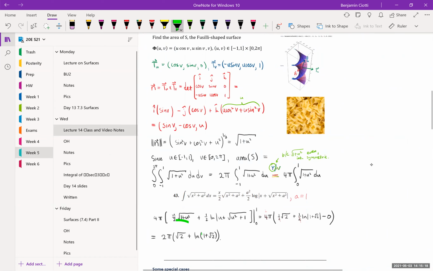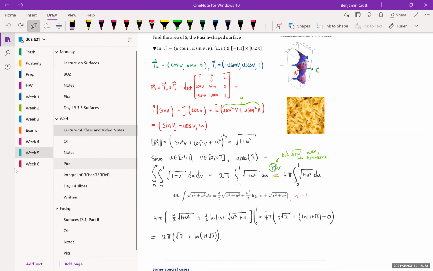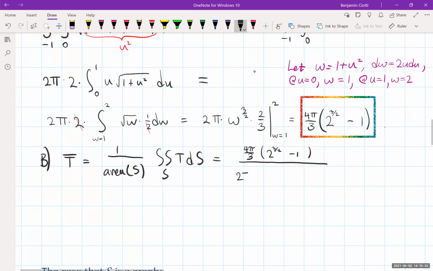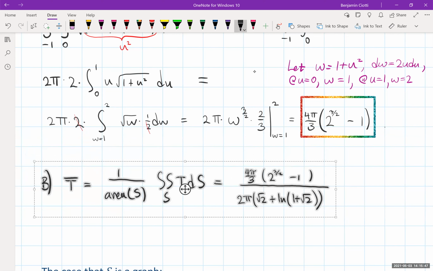There is the old area: 2 pi times root 2 plus ln of 1 plus root 2. Cool. Okay, and so that's the answer. It's not the prettiest looking answer, that's for sure, but that's the answer.